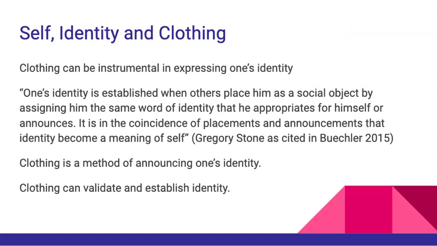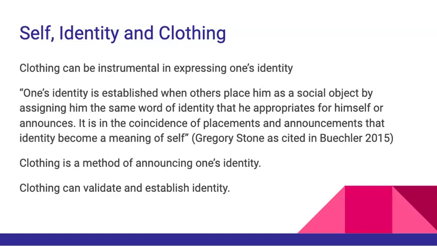So, thinking about self and identity and clothing. Clothing can be so huge in expressing one's identity. And here's a nice little quote: one's identity is established when others place them as a social object by assigning them the same word of identity that they appropriate for themselves.